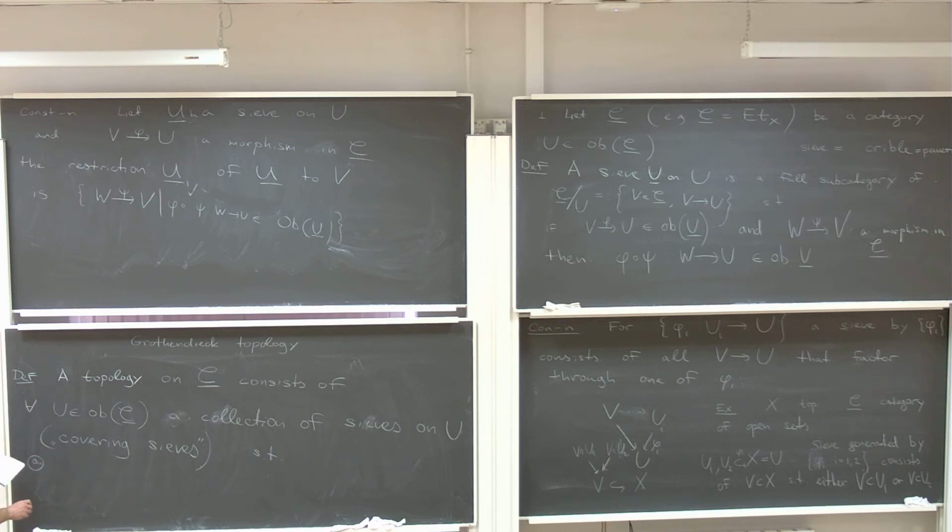First, we can consider all objects over U, the entire category. It's an example of a sieve, and it should be a covering sieve.